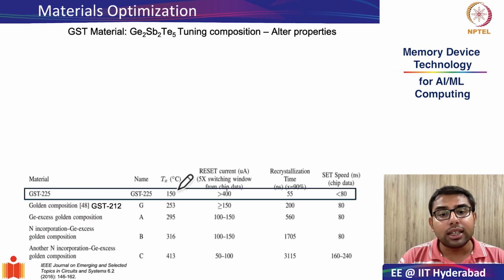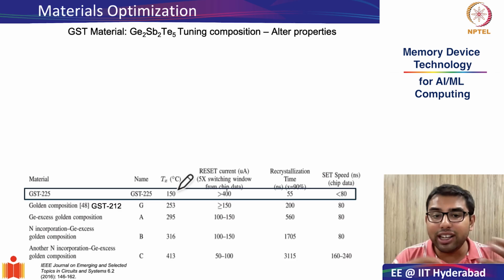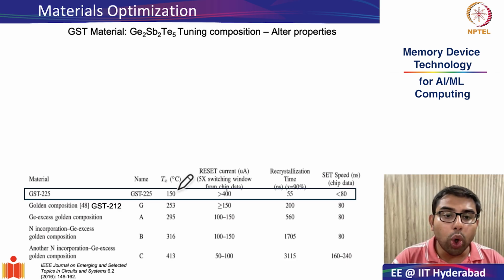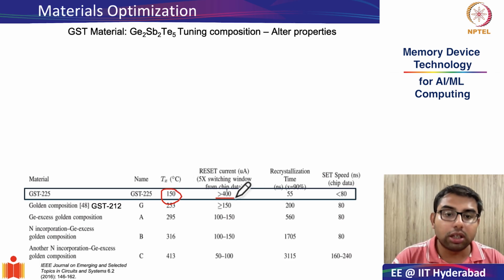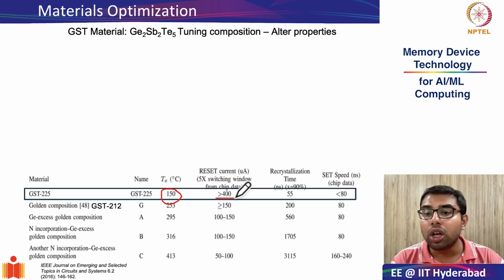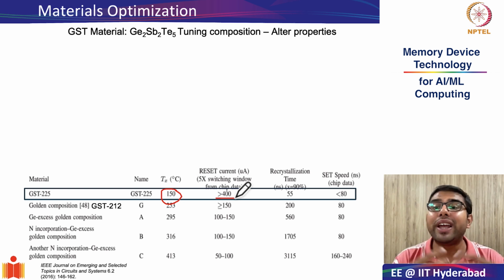But what people surprisingly saw is that with low crystallization temperature GST 225, the reset current of the devices was also very high. This is not what you would expect intuitively, but it is the case because when you have low crystallization temperature, recrystallization is very easy.